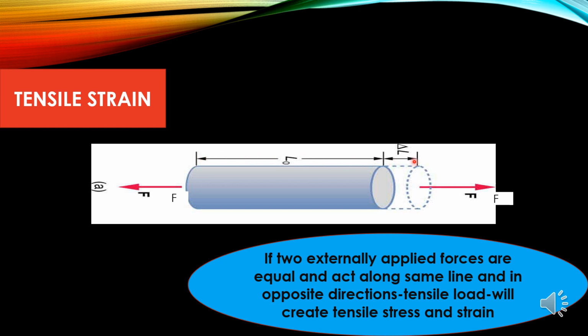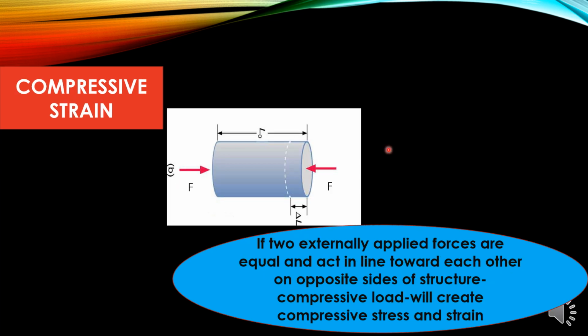That is known as tensile strain. So let us talk about what is compressive strain. It is the opposite of tensile strain. Whenever we apply external forces which are equal and in line towards each other, but in opposite direction, that will lead to the compressive load and it will lead to the compression of the structure. That is known as compressive strain.